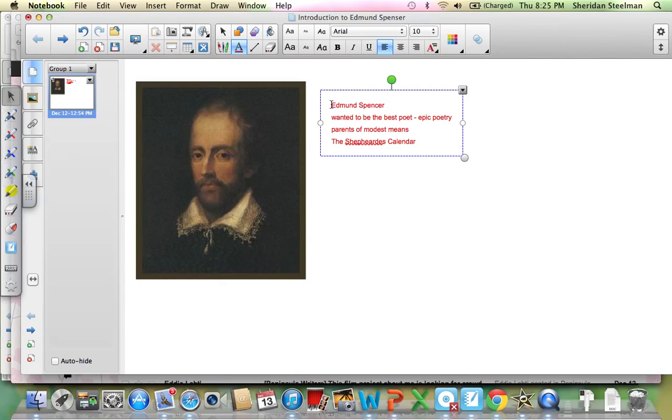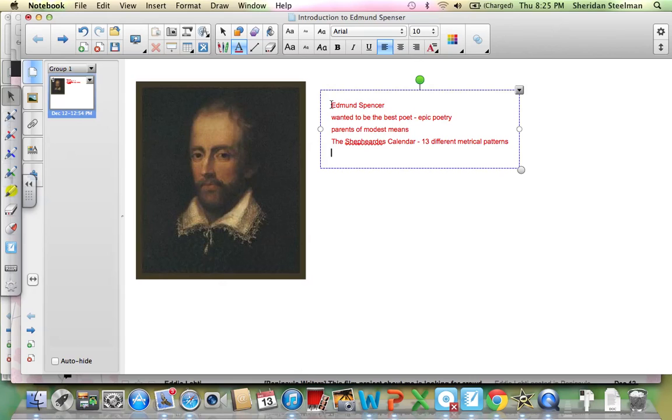He wrote this early in his career, became very famous for it. It was written in archaic language, and it had 13 different patterns of rhyme. So that was something very different about that.